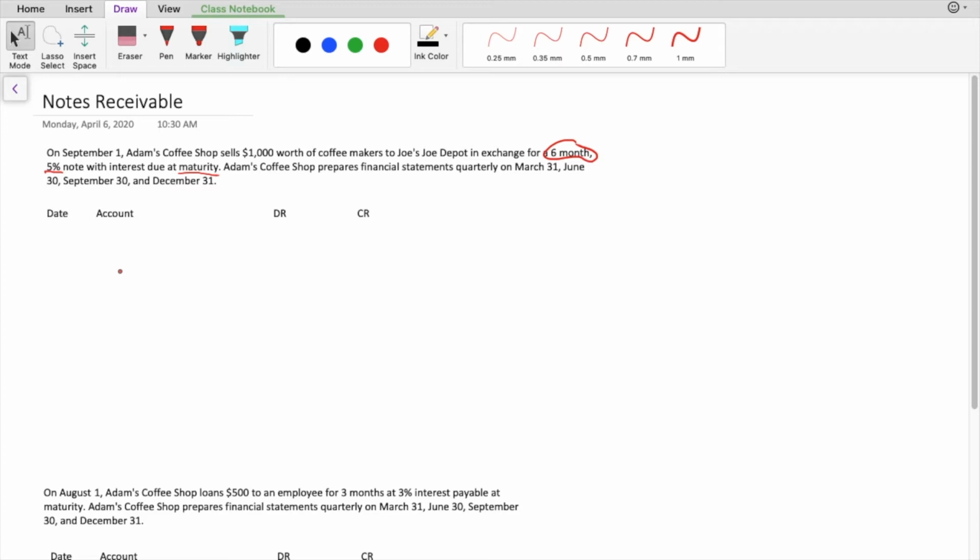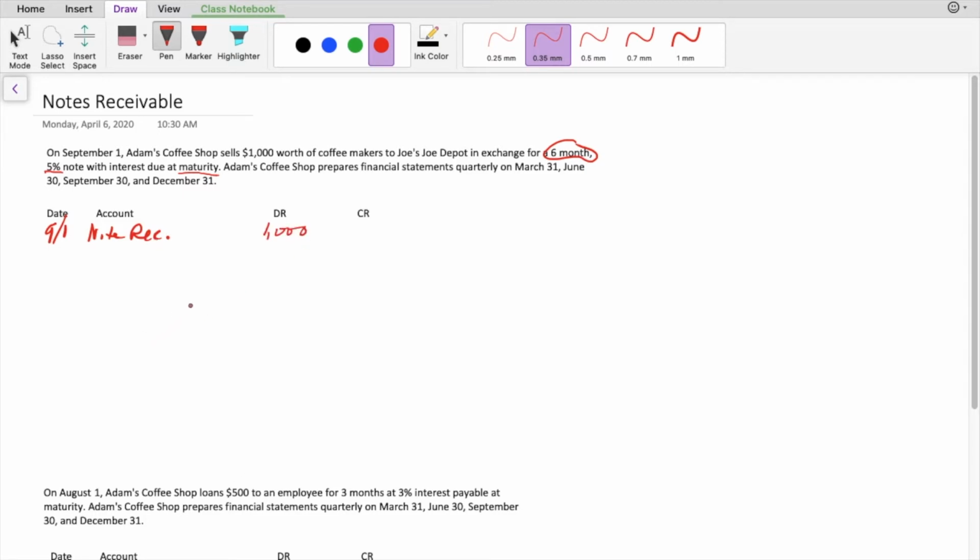So first things first. On September 1st, what do we do? So here's our date, September 1st. What are we going to record in our books? Well, we have a note receivable. The note receivable is for $1,000.